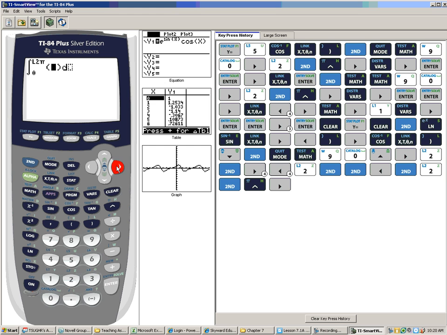Oh, that's great. Figure that out. All right. 2 pi. There we go. All right.